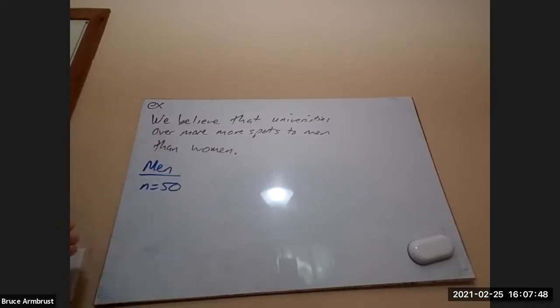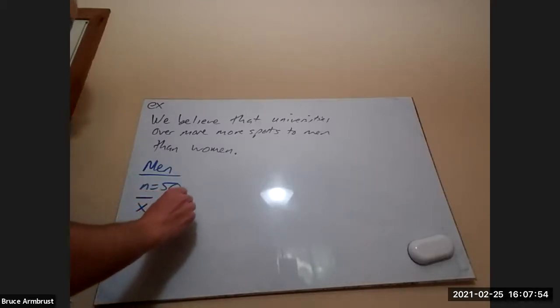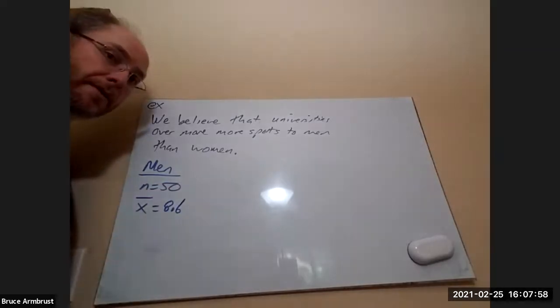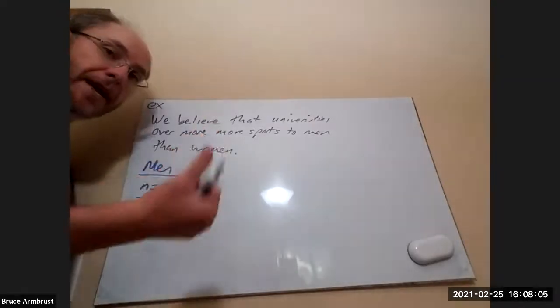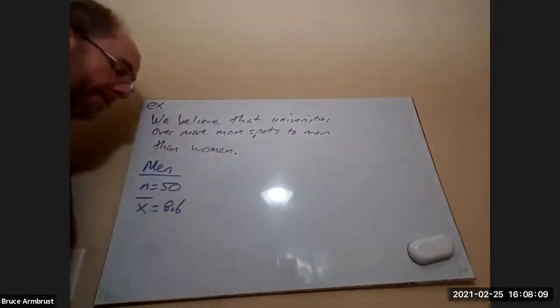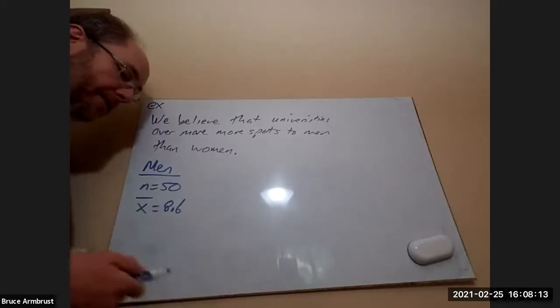There were 50 colleges, and we find that there's an average of 8.6 men's sports teams per college or university. So you've got a football team, a bowling team, an archery team, whatever. We count them up, and we find that on average it's 8.6.